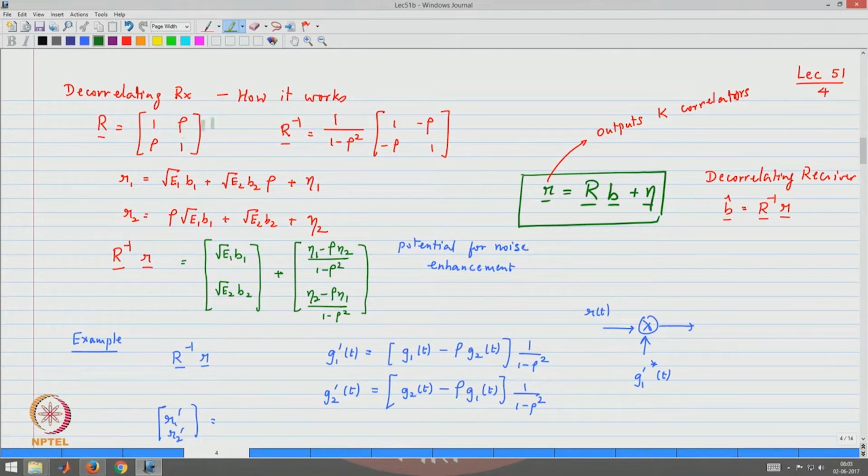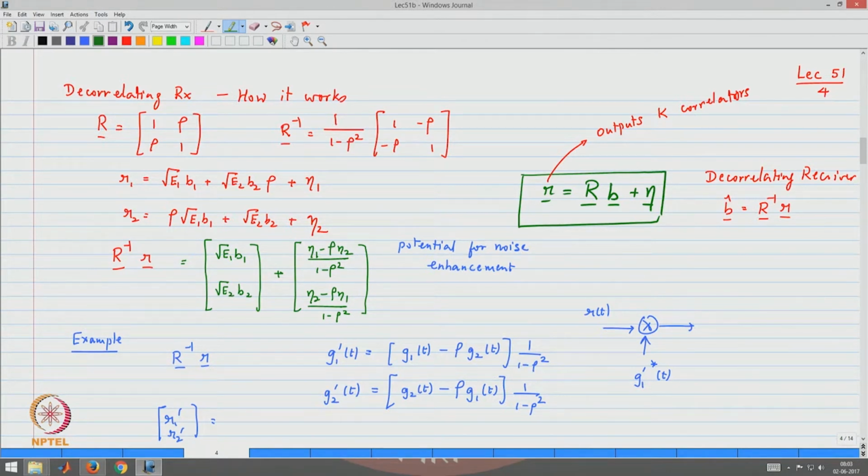We call it rho. R inverse, we can write down the expression, and we write down the expressions for the output of the correlators. Each of the correlators will produce the following expressions, and R inverse times R gives us the expression. So this is the expression that we saw in the last lecture.